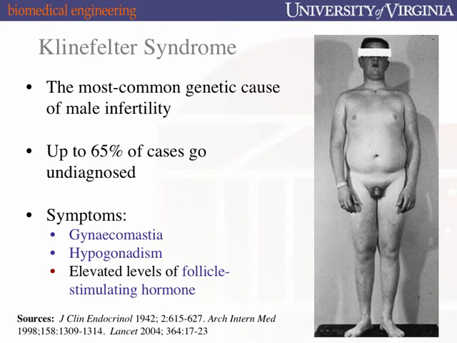Gynecomastia is development of male breast tissue, so enlarged breast tissue. Hypogonadism are underdeveloped sex glands. And associated with this are elevated levels of a hormone called follicle-stimulating hormone that's released by your pituitary gland and is important for proper spermatogenesis as well as oogenesis, the development of eggs in females and sperms in males.